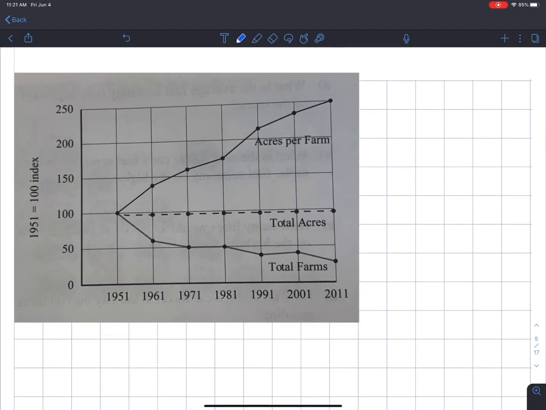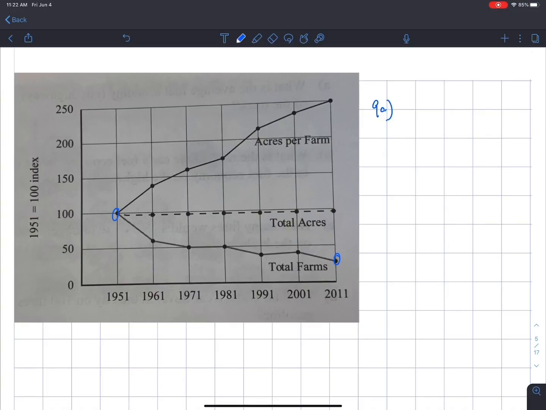Question 9, 9A. What can be said about total acres being farmed in Canada from 1951 to 2011? So from 1951, it went from 100 to around 30.